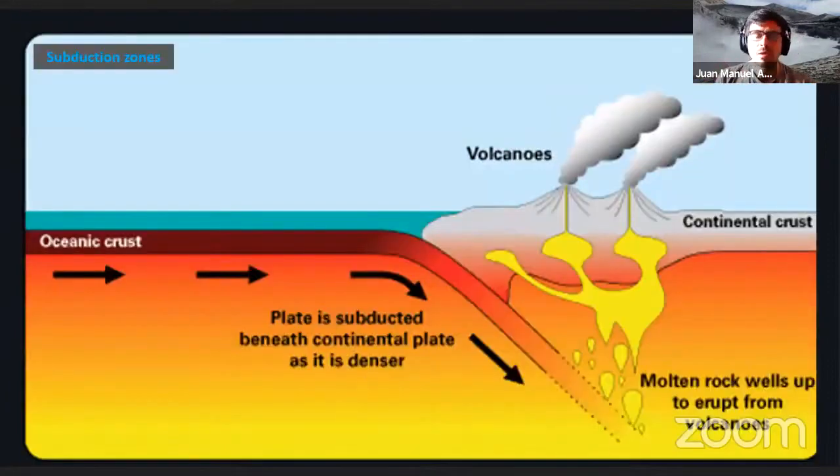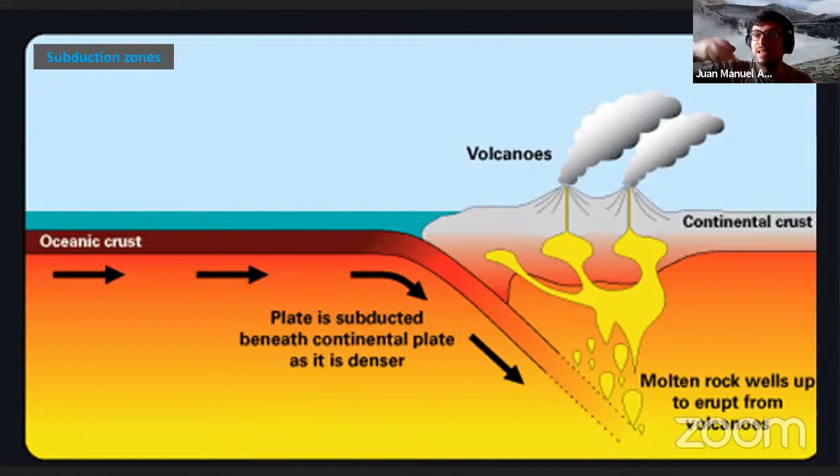The subduction zones are zones where the oceanic crust, which is more dense than the continental crust or other oceanic crusts, goes beneath each other. The denser oceanic crust goes beneath, for example, the continental crust, and the water within it goes to the upper mantle in this zone.